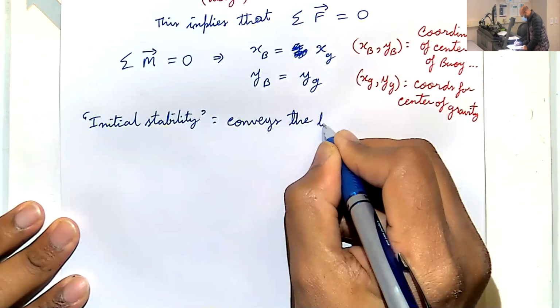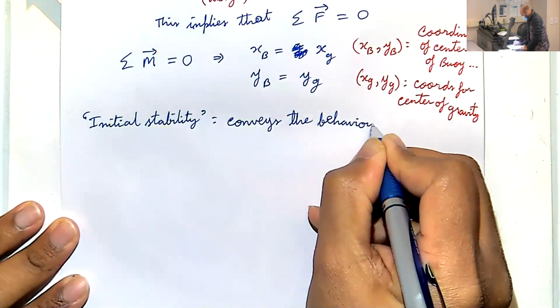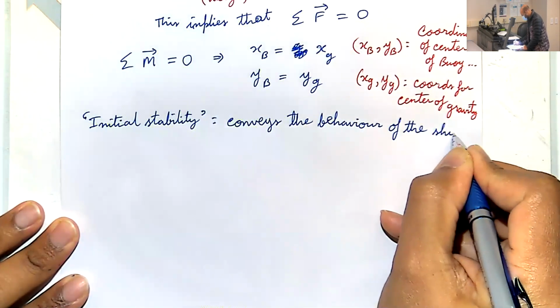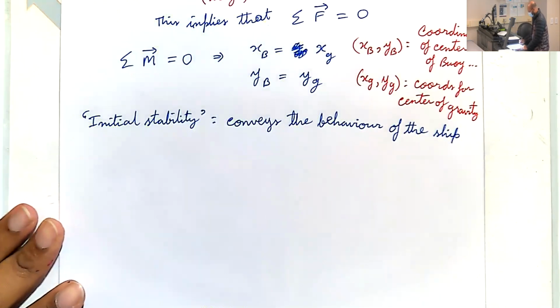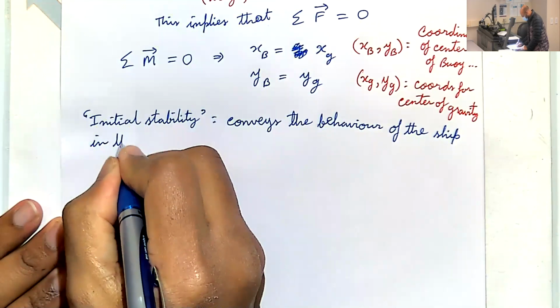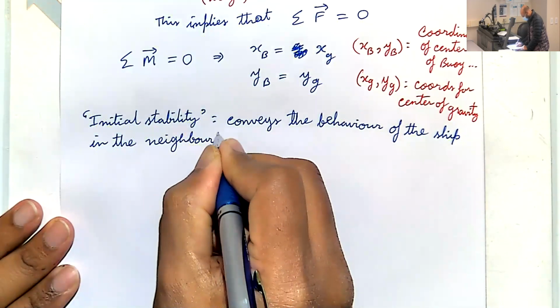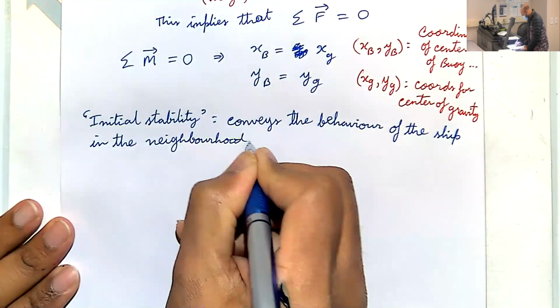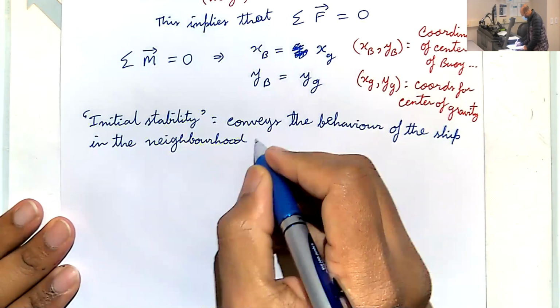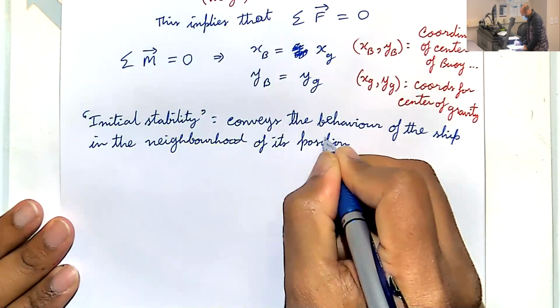the behavior of the ship in the neighborhood. I'll tell you why I'm writing in the neighborhood. So in the neighborhood of its position of equilibrium.